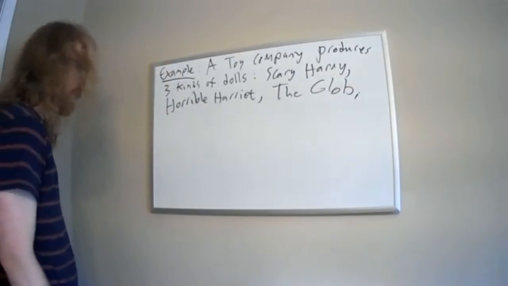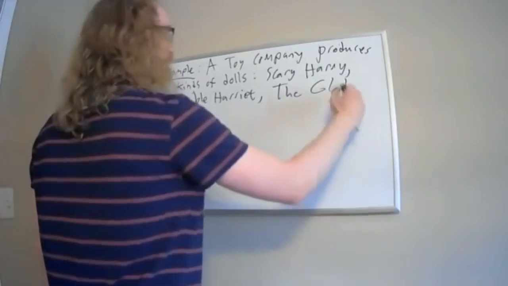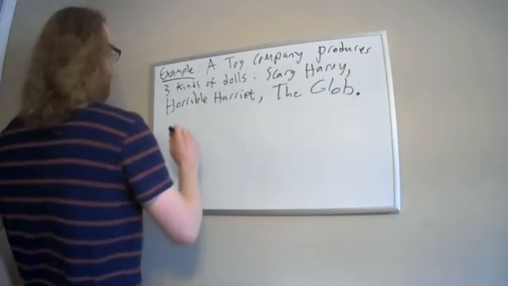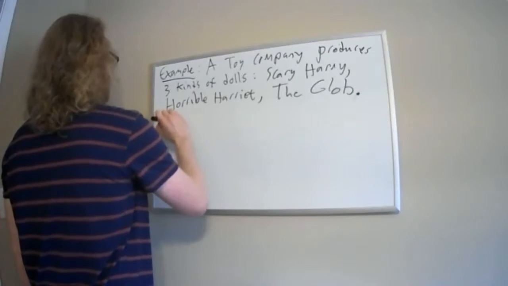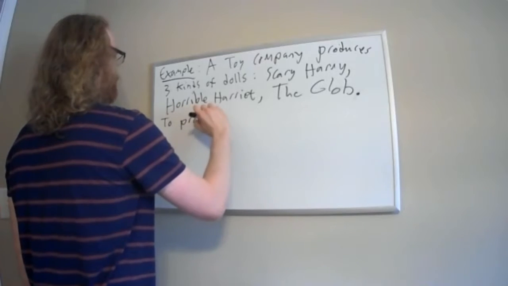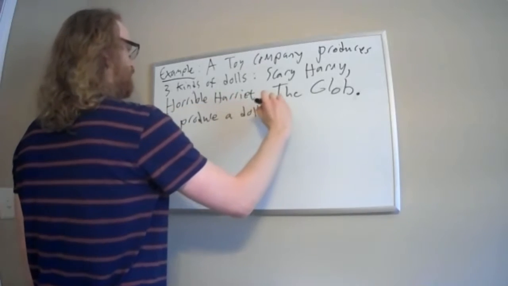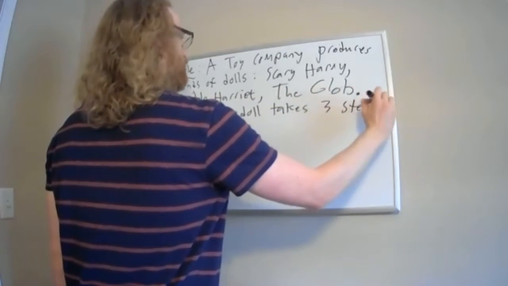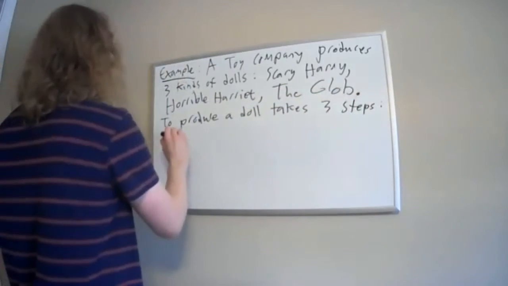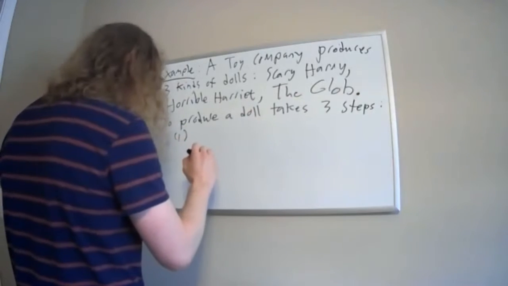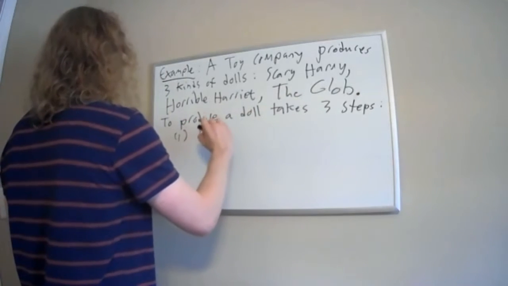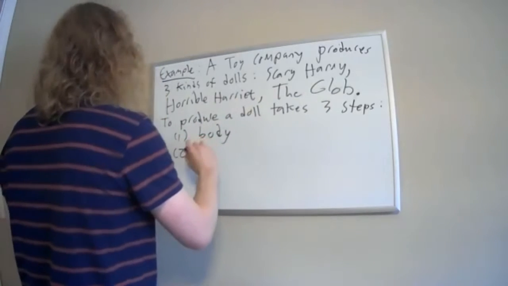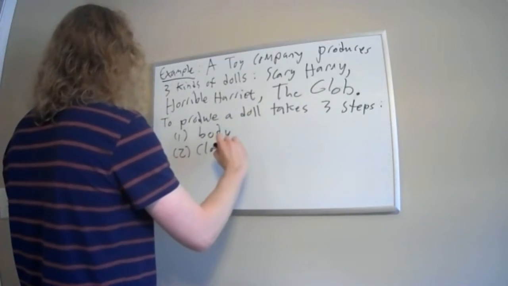Anyway, so we have a toy company that produces these 3 dolls. And there are 3 steps. To produce a doll takes 3 steps. 1, we have to make the body out of plastic. 2, we have to give them clothes.